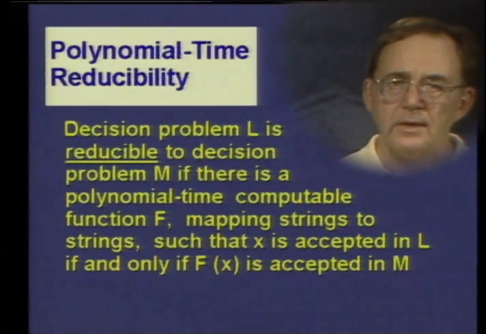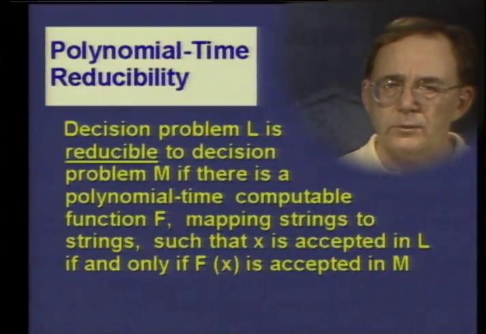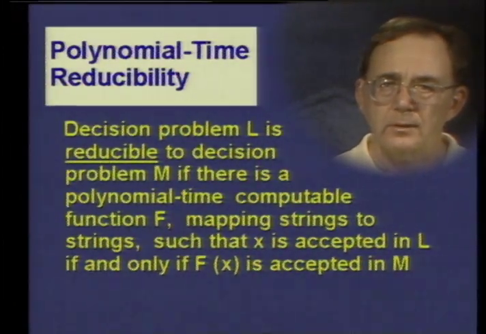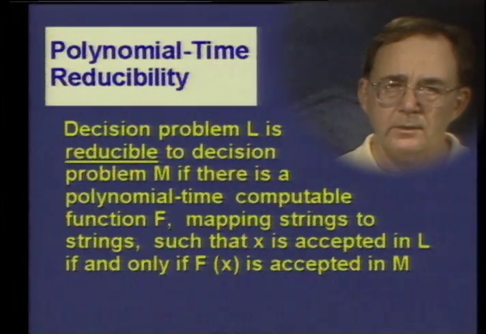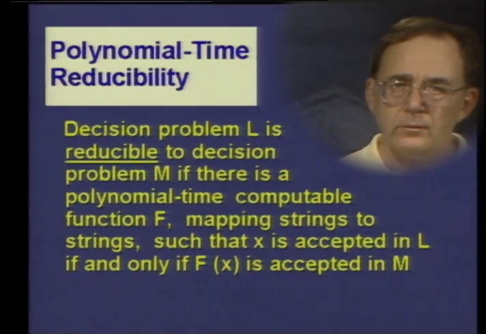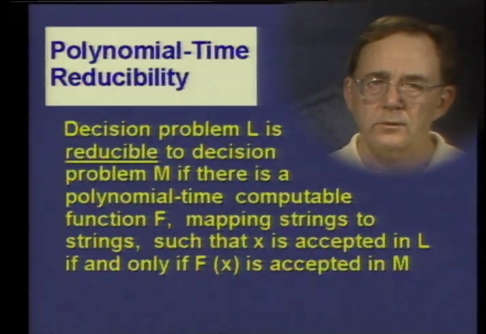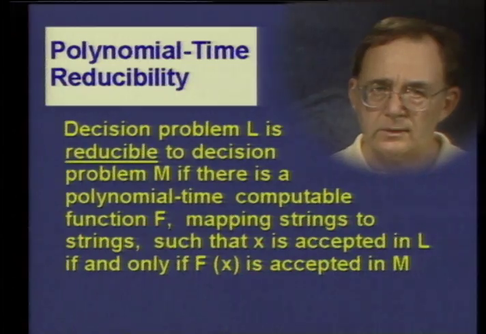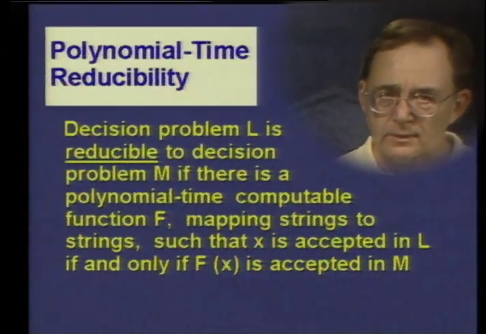In other words, f can take any input string x presented to problem L, produce a corresponding output string f of x, which can be presented to problem M, and then the original string x will be accepted in L if and only if f of x is accepted in M. So this is the definition of reducibility of one combinatorial decision problem to another. And this notion of reducibility gives us a classification or a ranking of problems according to difficulty.